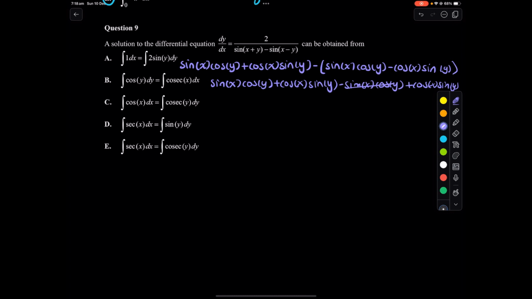We can see that these over here cancel out, hence we just get 2 cos of x sine of y. That's what it simplifies to.